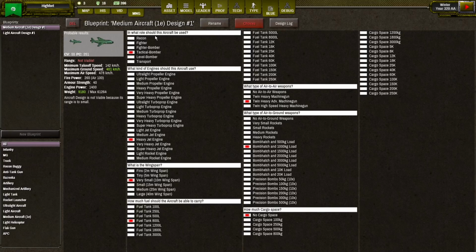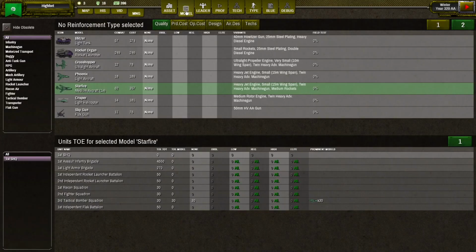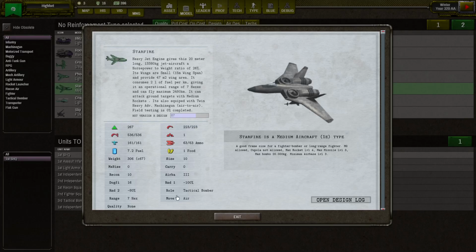So we know that the roles are affecting altitude, dogfight engagement, and the formation type, and we can find the role here in the unit card. And for each role, some attributes visible here are more important and some less important. So for tactical bomber, the most important is their soft or hard attack.